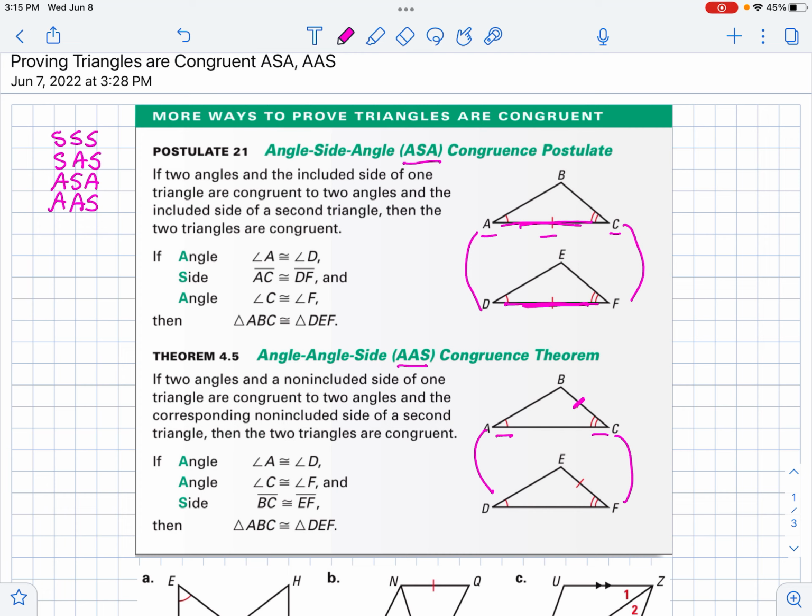Now, you'll notice angle, angle, angle is not in there. That's the one that's left out, because showing that two triangles have the corresponding angles congruent is not enough to show that the triangles are congruent.